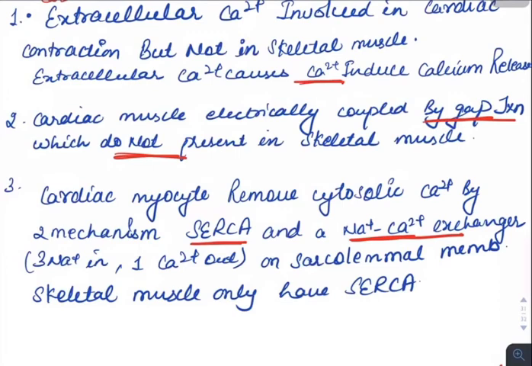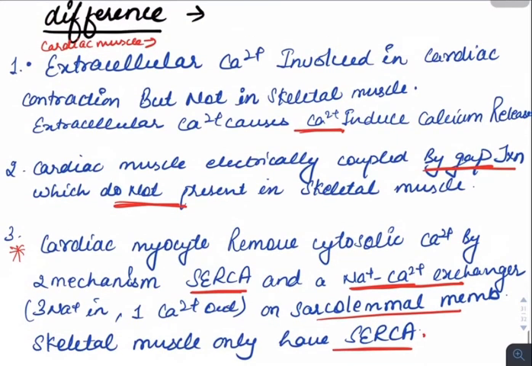This is present on the sarcolemmal membrane. In skeletal muscle, they only have SERCA. So guys, this point is important: cardiac muscle has two mechanisms to remove calcium. These are the differences between cardiac and skeletal muscle.